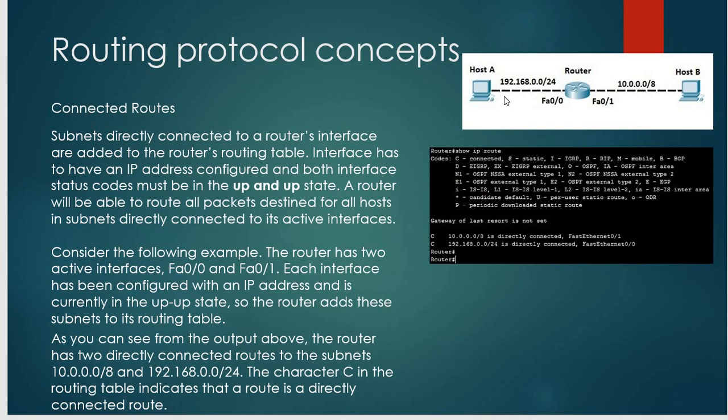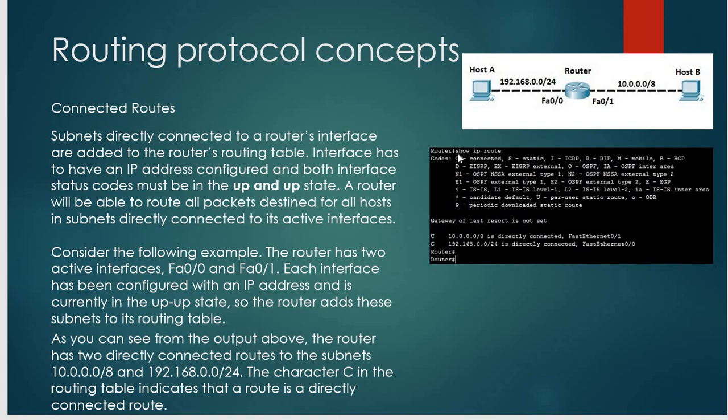In host A we have 192.168.0.0/24, connected to the interface FastEthernet 0/0, and host B is connected to FastEthernet 0/1. So all these routing informations are added up in the router's routing table.